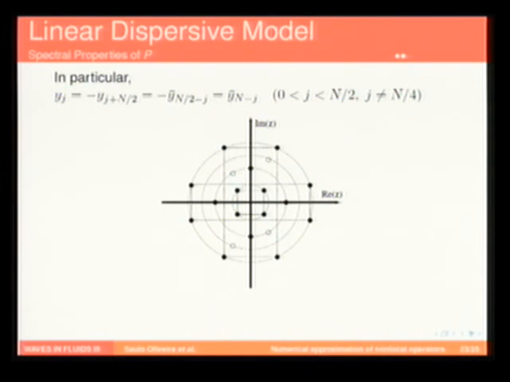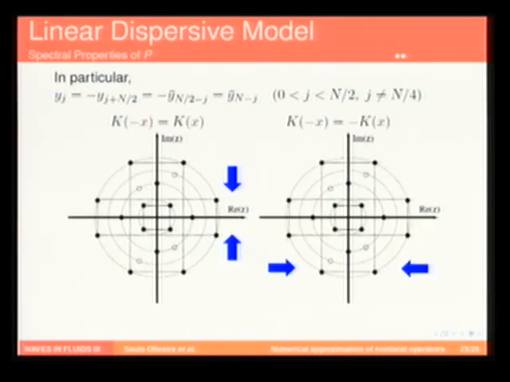So then what happens? Let us think in the case where our kernel is either an even function or an odd function. For an even function, the matrix will be symmetric, so all eigenvalues will be over the real axis, whereas for an odd function, the matrix will be skew symmetric, and everyone goes to the imaginary axis.